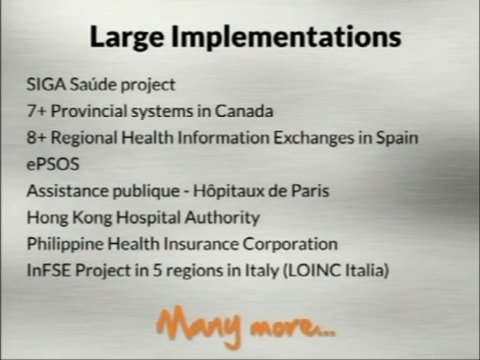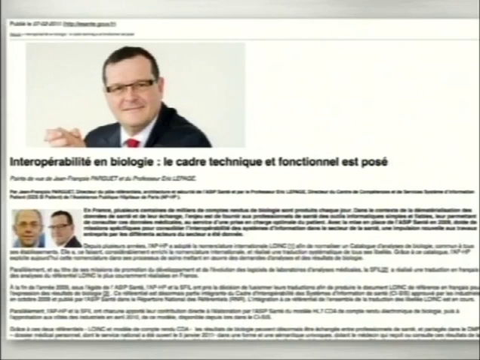In addition to that, there are a lot of large implementations around the world, and we constantly hear about new things, and we'll get an update on some of these tomorrow in our discussion at the committee meeting, with large health information exchanges around the world using LOINC. One example of a large organization using LOINC is the APHP system in Paris, which I believe is the largest hospital system in Europe.